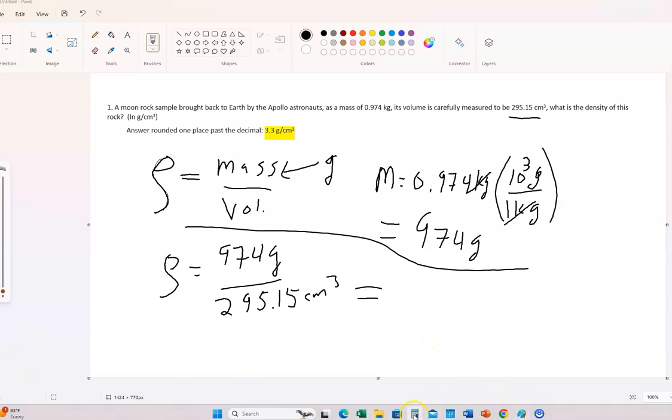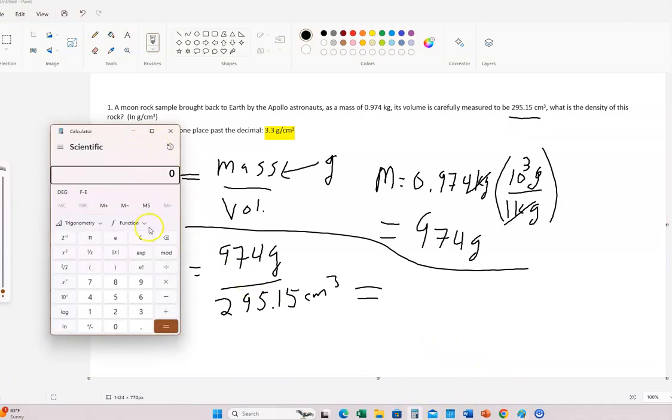All right, so let's see what that is. Here's my calculator. 974 divided by 295.15, and so there it is.